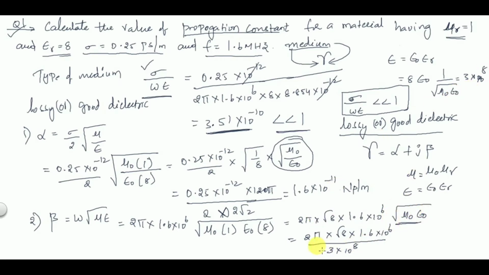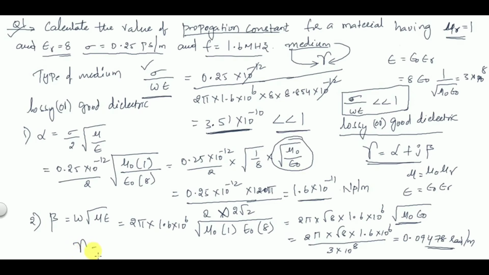If you solve this, you will get around 0.09478 radians per meter.